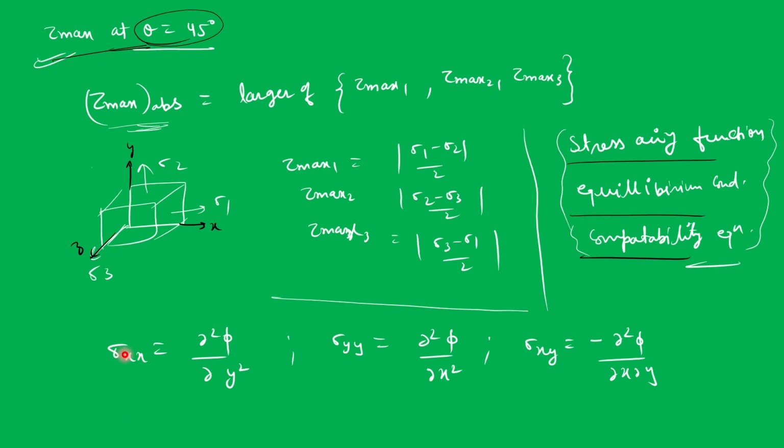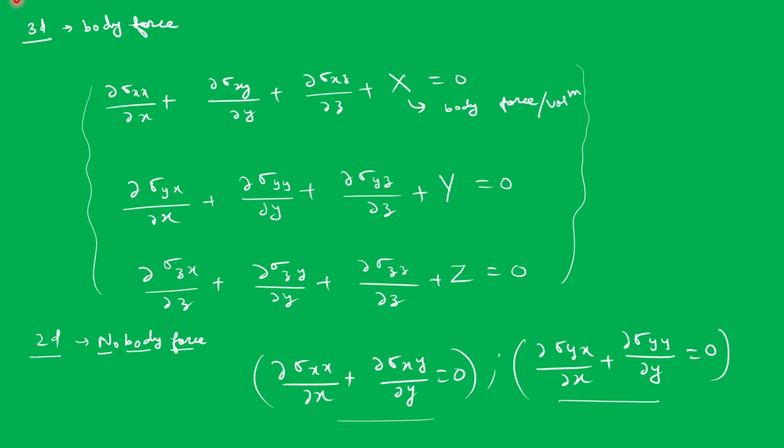Okay, and then there are some stress functions, so these are called the Airy stress function. Sigma xx is equal to dou square phi by dou y square, sigma yy equals dou square phi by dou x square, sigma xy is equal to minus dou square phi by dou x dou y. Okay, and then similarly, this is the equilibrium equation with presence of body force. When there is no body force, this term vanishes, and if I say 2D, then forces in the z direction, sigma z, will be 0.